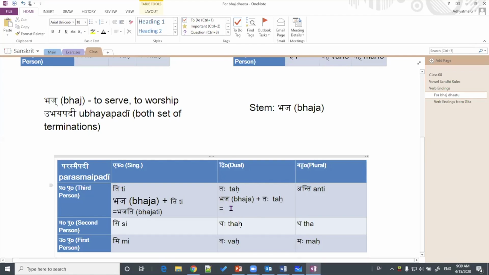Nothing is happening actually. Bhaja plus taha becomes bhajataha. And then here, the same thing, bhaja plus anti.